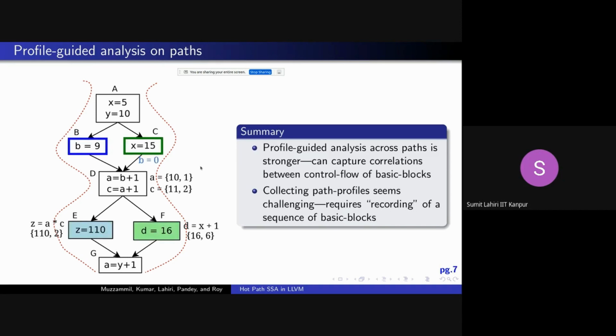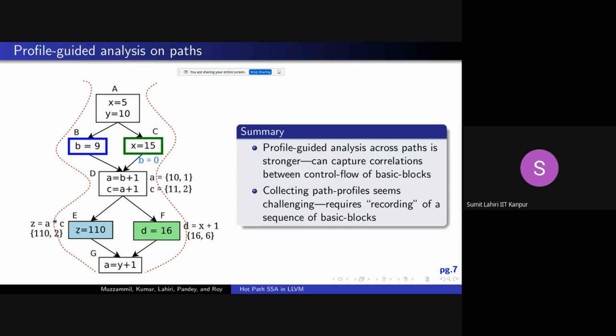If we see along one of the paths on the left, initially all values are set to 0. Over here, if B becomes 9, we can say that A can take a value of 10 along the left path and 1 along the right path. Similarly, C can take a value of 11 and 2.